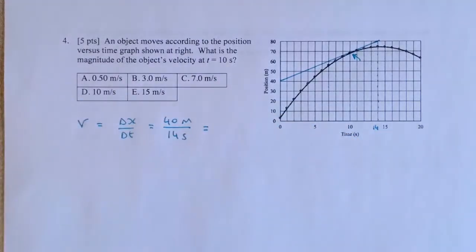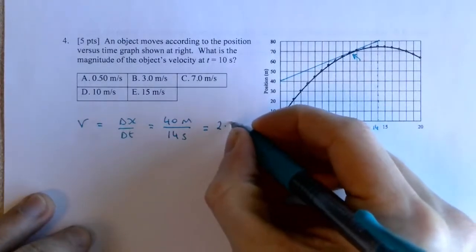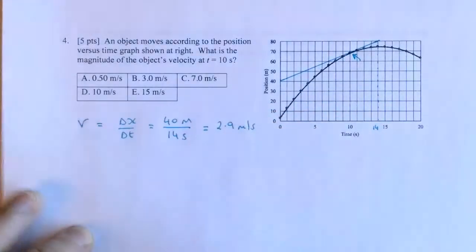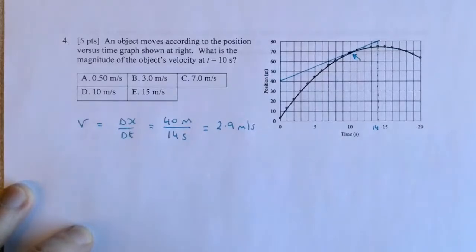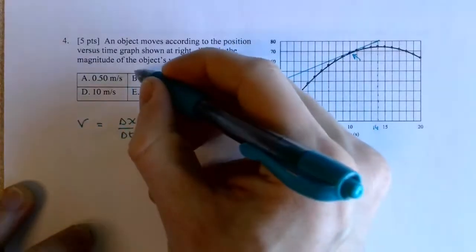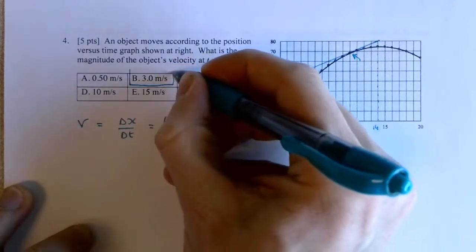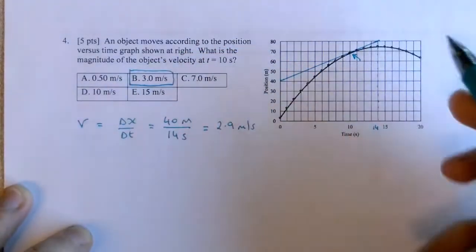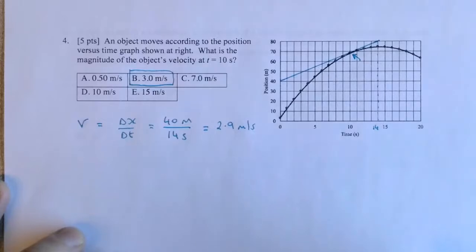And if I work this out, it should be very close to 3, 2.9. There's no exact answer, in the sense that these numbers vary quite a bit. So that's definitely closest to choice B, with some adjustment in the tangent lines and how accurately they're drawn.